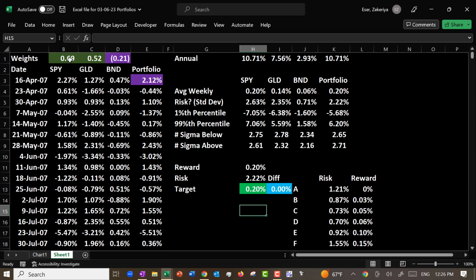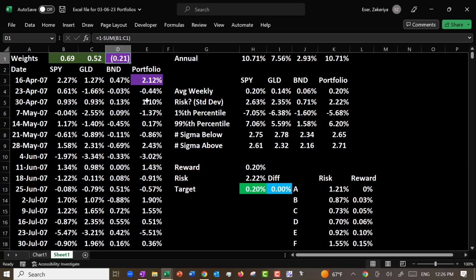On Wednesday, we're going to look at things like what if we can't necessarily short, or what if there are limits to how much you can leverage things. But at least on an unconstrained level, the S&P 500 portfolio is not even efficient by itself. There is something that dominates it.